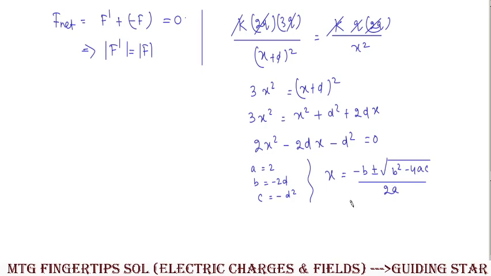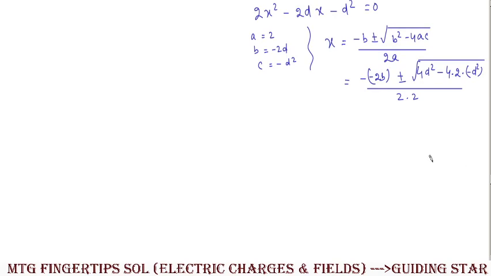So here in this particular case, minus b is minus of minus 2d, plus or minus b square. b square is 4d square, 4d square minus 4ac. 4 into a is 2 into c is minus d square. Clear? So root of that one divided by 2a, 2 into a is 2.